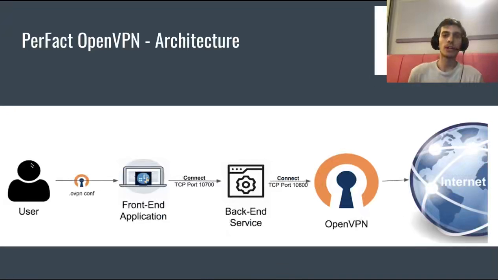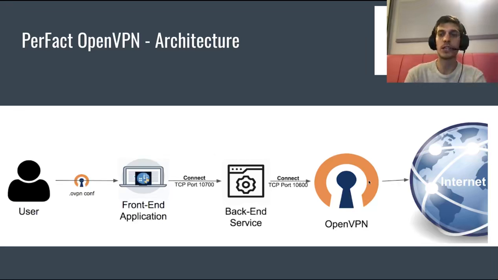So the entire diagram looks like this. We have the front-end application, this time with the logo of Perfect, and it connects to the backend service using TCP port 10700, and sends the backend service the config with the actual OpenVPN config.